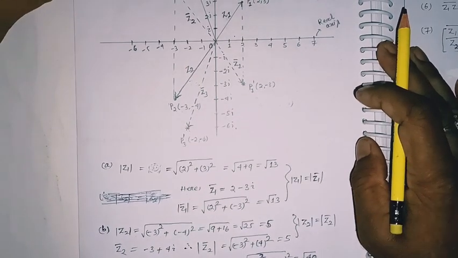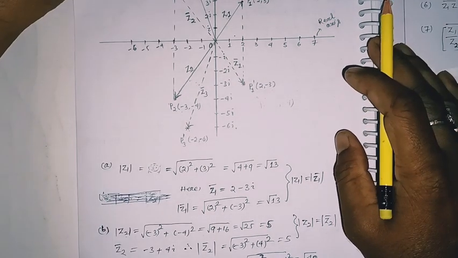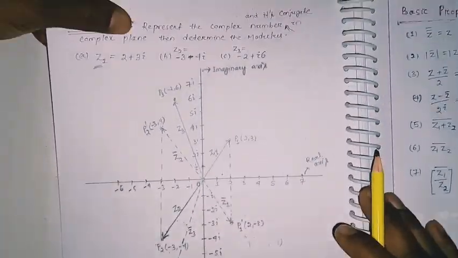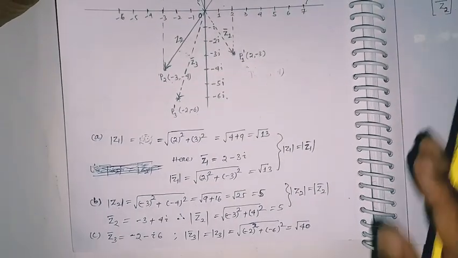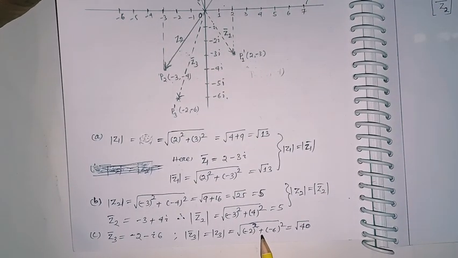Similarly, the Z3 modulus and Z3 bar modulus: Z3 is given as -2 plus 6i, so its modulus will be -2 square plus 6 square, and here I consider the complex conjugate.